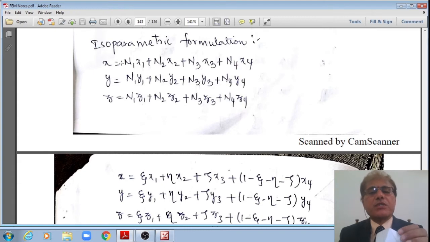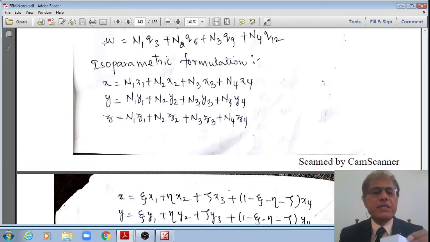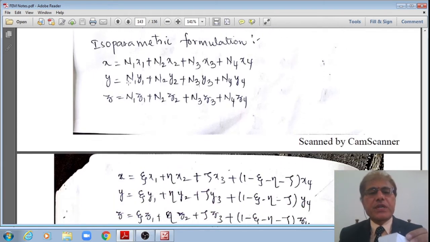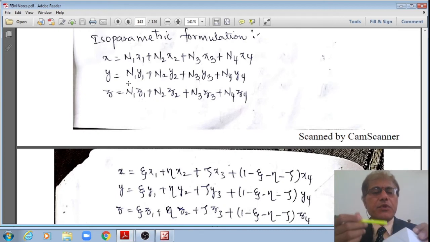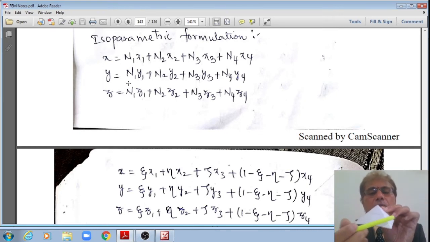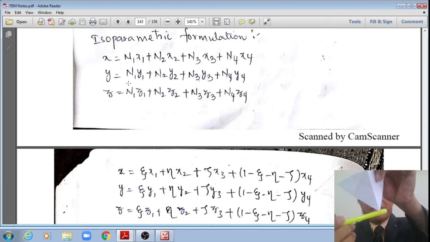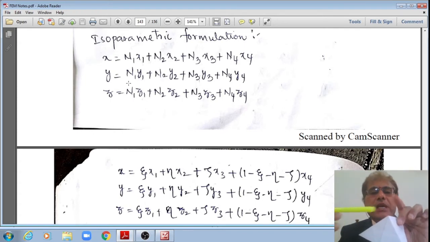That is how x is equal to the summation of Ni xi, where i is equal to 1 to 4, meaning the shape functions will be used to interpolate the geometry: for the first node N1 multiplied by x1, N2 multiplied by x2, N3 multiplied by x3, and N4 multiplied by x4, right?